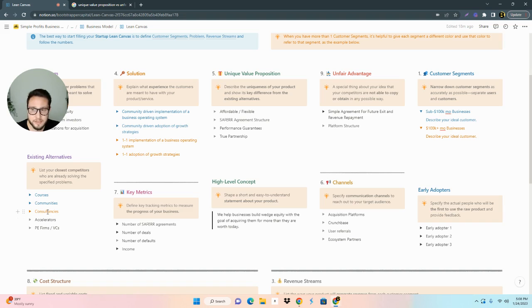Middle of the road here is consultancies. Now, the bad side about consultancies and why we're better is their payment structure is not affordable, nor is it typically flexible. And it's typically higher priced because their economics are 100% based in the services they provide, whereas our economics come not only from the services, not only from the revenue repayment and the advisory structure, but also from future exits.